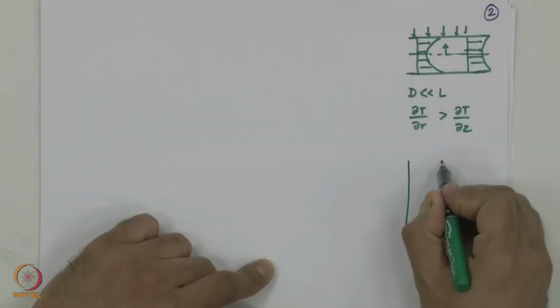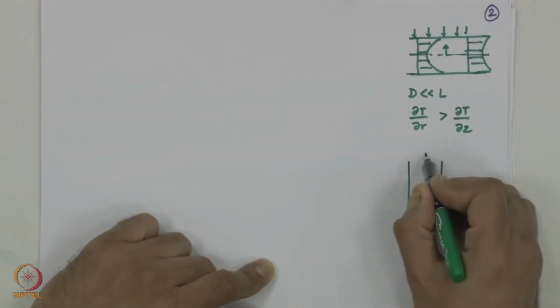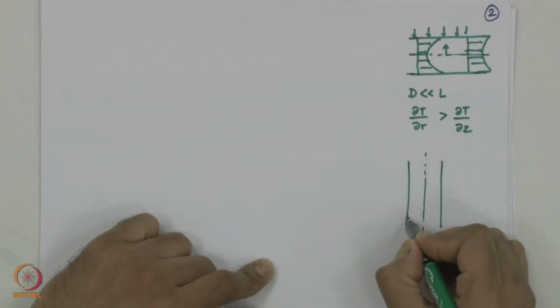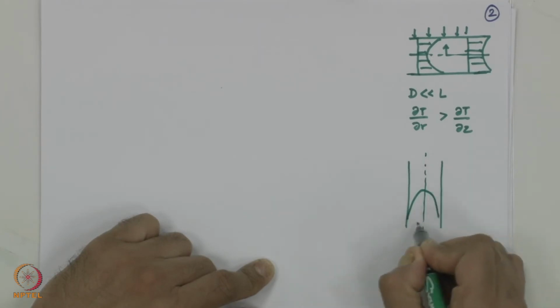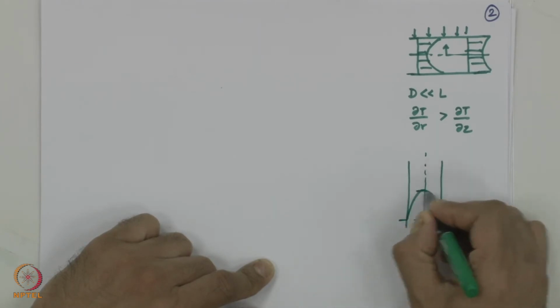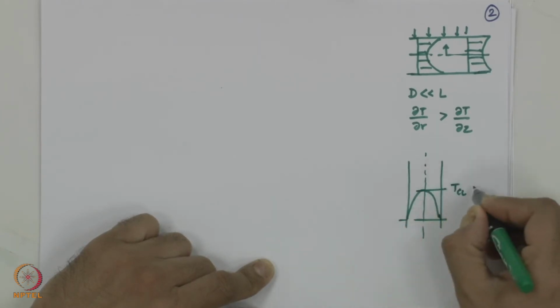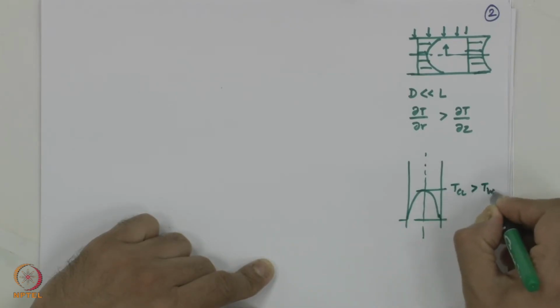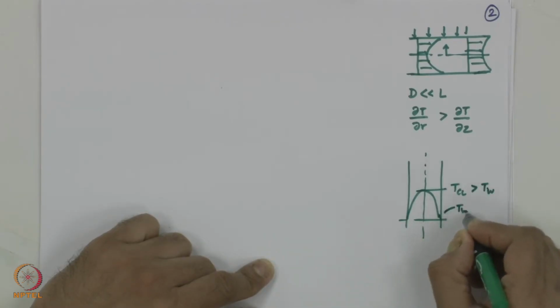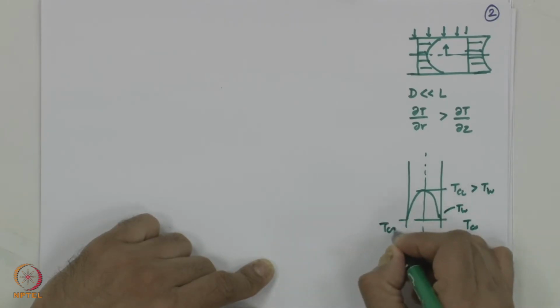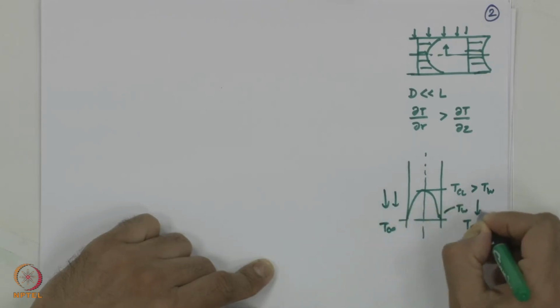This is extremely true if you want to think of a current carrying wire, you have seen in conduction problems, right. If this is the wire or a solid in cylindrical coordinates, the temperature profile for the heat generation case would be like this. This is your T center line is much greater than T wall. This is your T wall or T surface, and T infinity is here, which is the convective part.